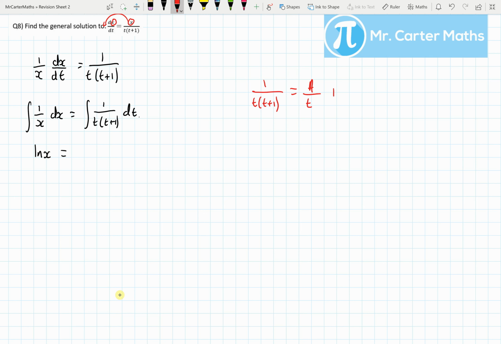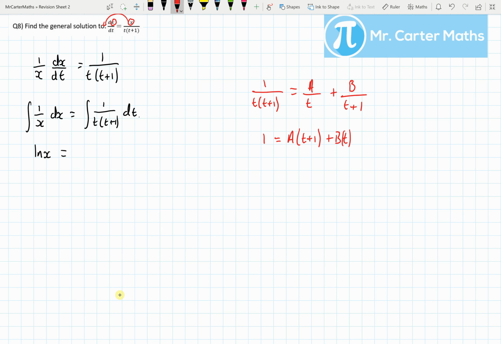As soon as I've got factors in my denominator, I would definitely take time to think about the fact that this might be easier if I can split it into partial fractions. Multiplying through by my two factors, it's going to give 1 equals A times t plus 1 plus B times t.